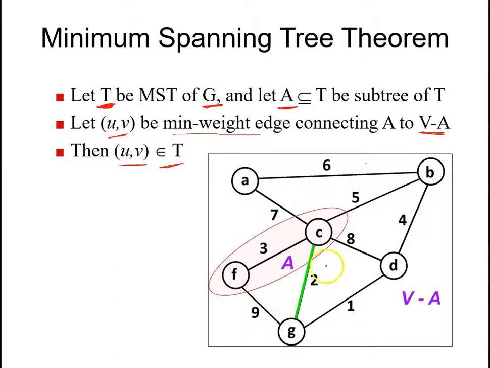Obviously, the minimum weight edge going out of this set is this edge with weight 2. And what the minimum spanning tree theorem states is that this edge should be part of the minimum spanning tree. I am not going to go through the proof. The proof is in most algorithm textbooks. It's also available online.